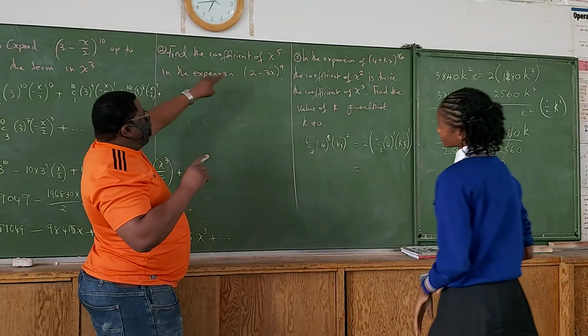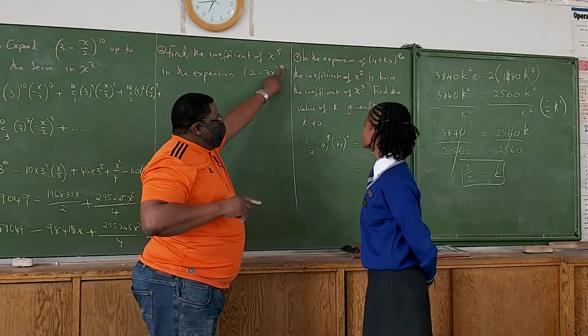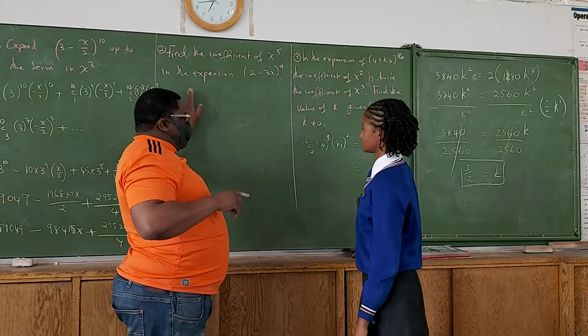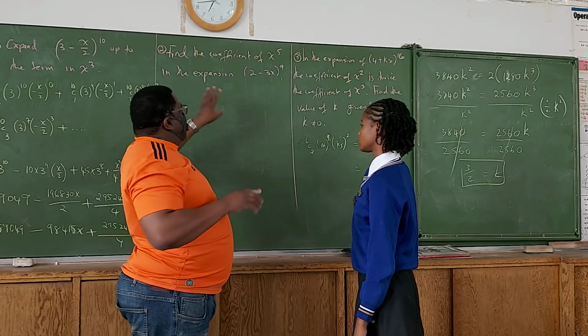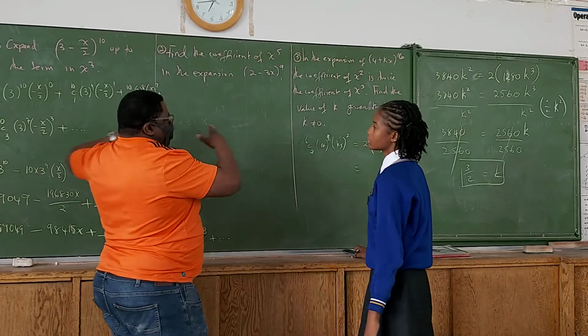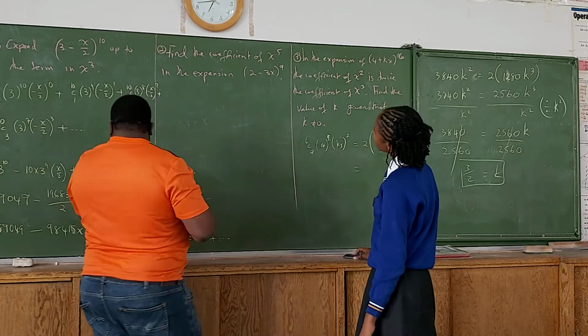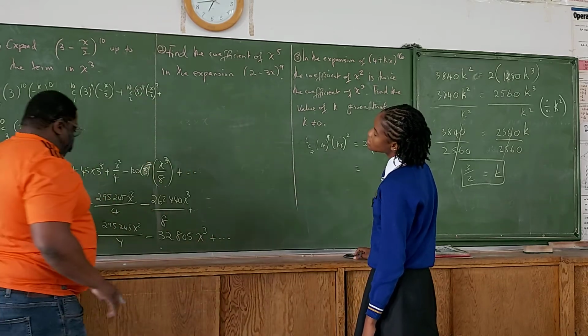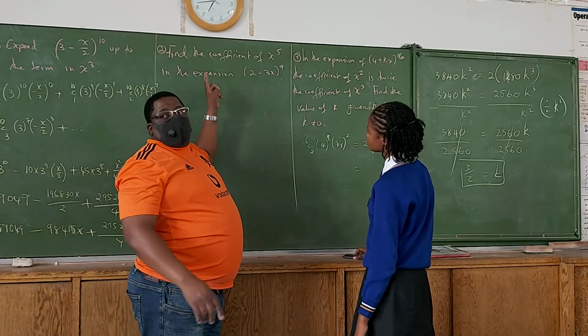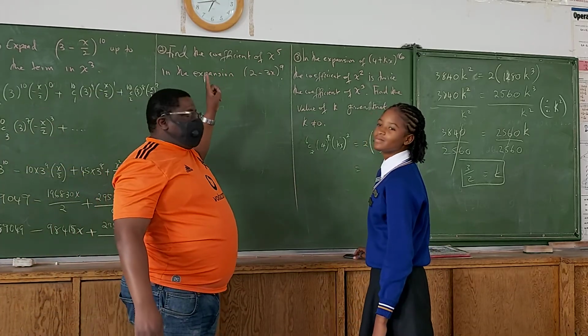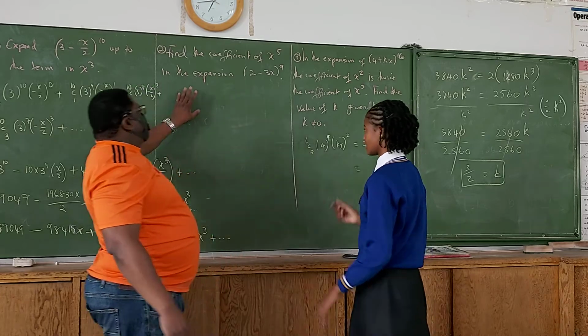So you're going to start with what? 9C to the what power? We are just looking for the coefficients, so we don't worry about the other side. I'm not saying write them all out. This is too much. I'm just looking for one specific term. So it will be 9C5. Good. So we'll start there.